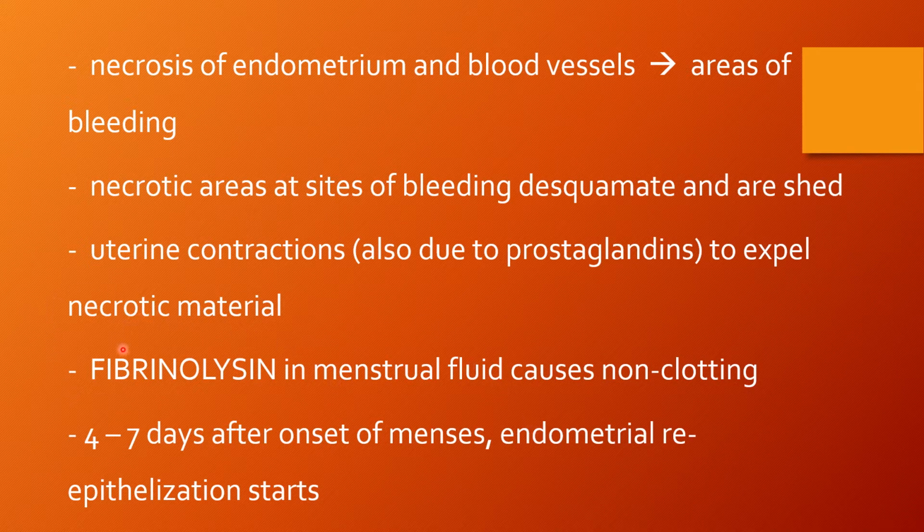Fibrinolysin is produced in the menstrual fluid, which will cause non-clotting of the menstrual blood. This happens around 4 to 7 days after the onset of menses. Then endometrial repithelialization will usually start.